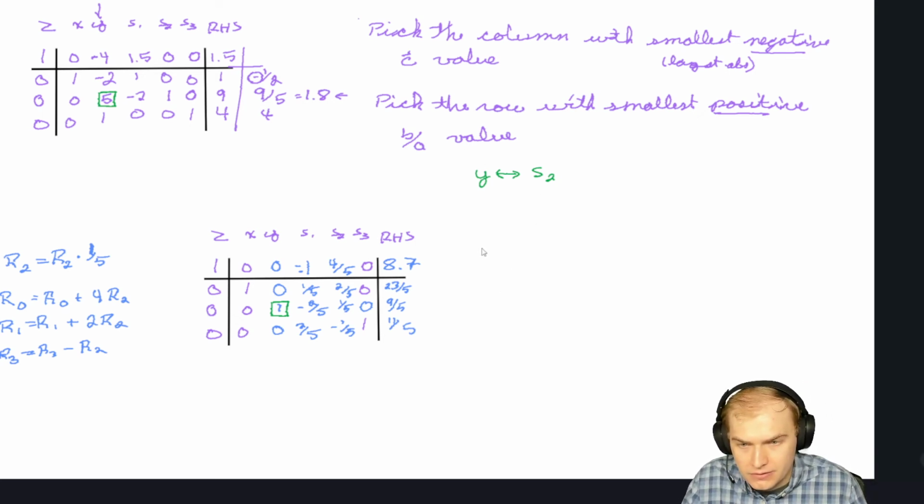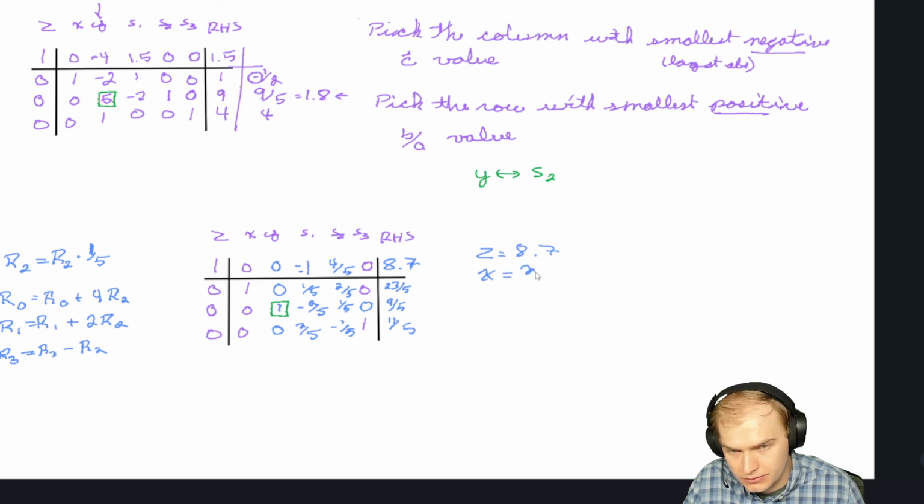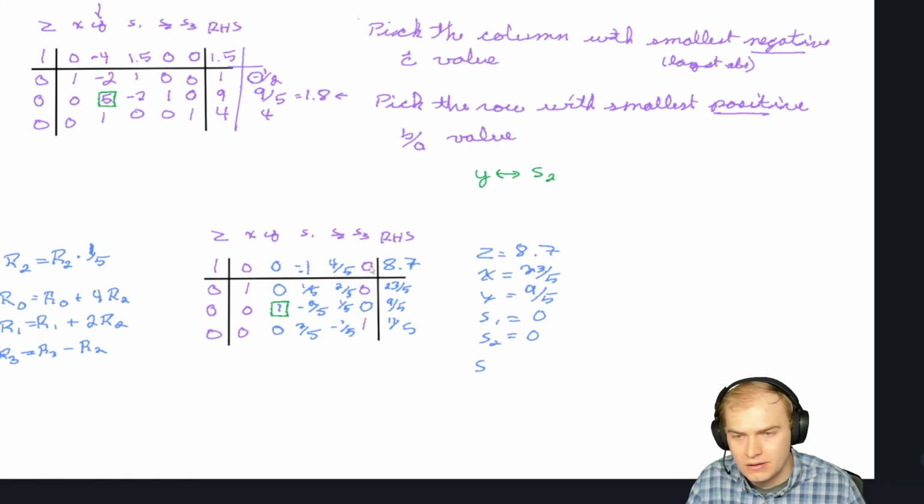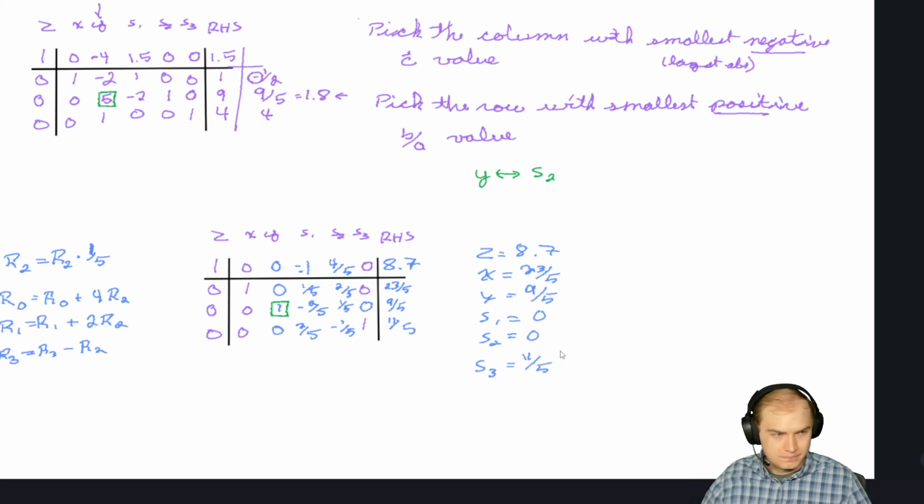So our solution then is z is 8.7, x is 23/5, y is 9/5, S1 and S2 are both non-basic, so they are both 0. S3 is 11/5.